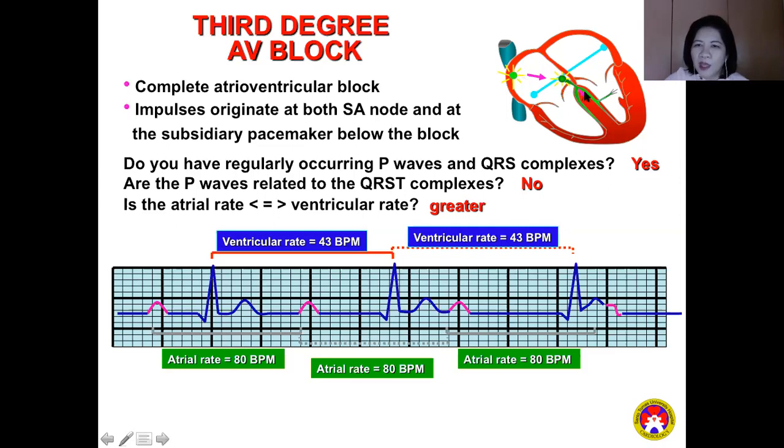But if the pacemaker came from after the branching of your bundles, then you will see a wide QRS complex, but they will occur regularly. So in this tracing, the atrial rate is 80 beats per minute. Ventricular rate is 43 beats per minute, so it is lower. And you do not see a P that is related to the QRS complex.